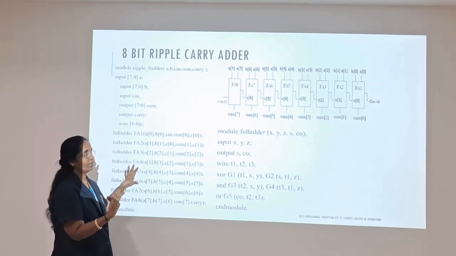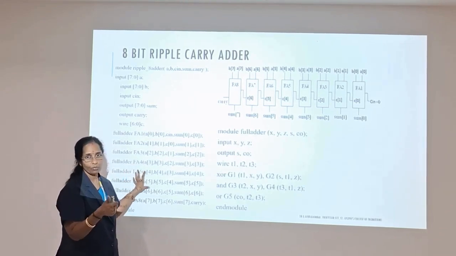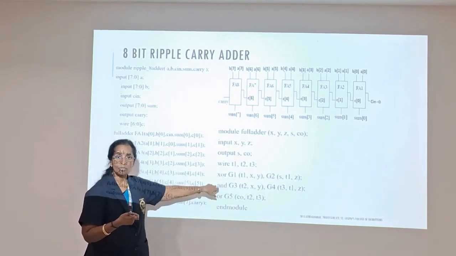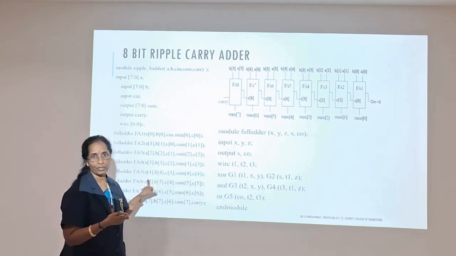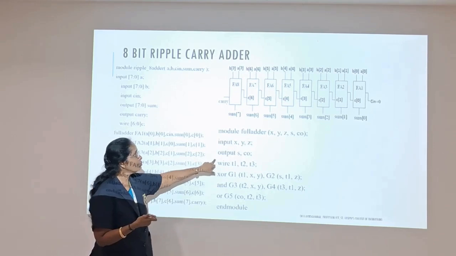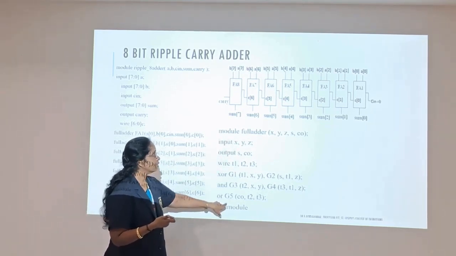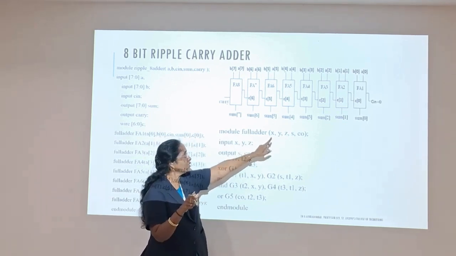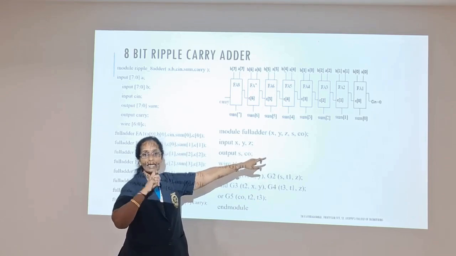Now we will see the code for it. Another important thumb rule is that whatever variables we used in the basic instance should not be repeated in the main module. So in this full adder, the basic module, I have taken x, y, z as my inputs and s and c as my sum and carry.